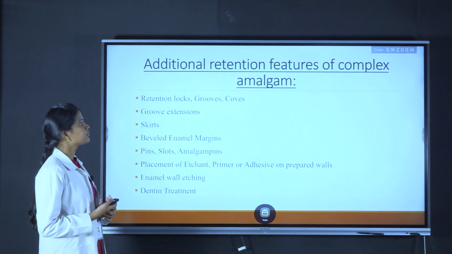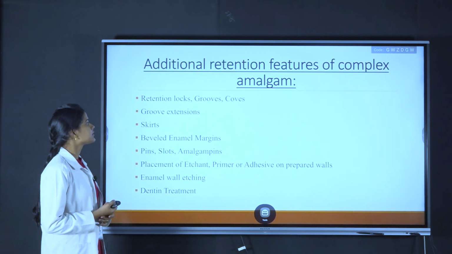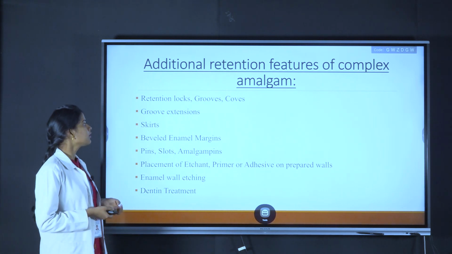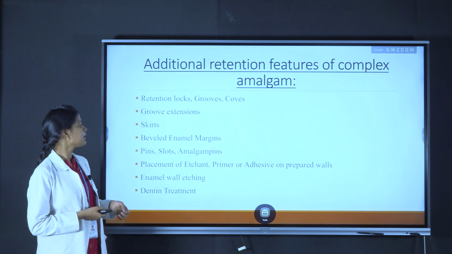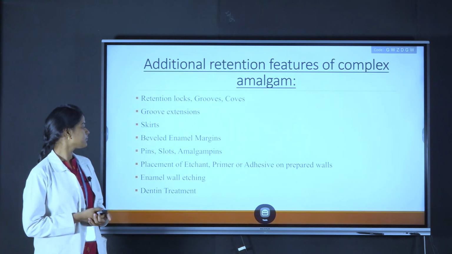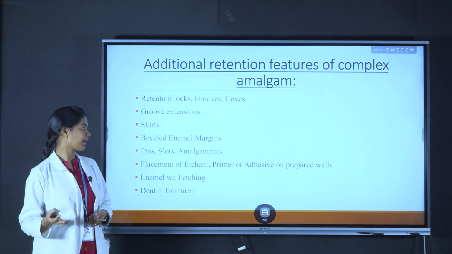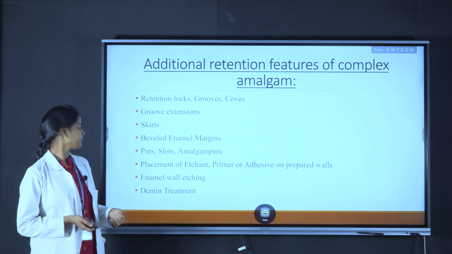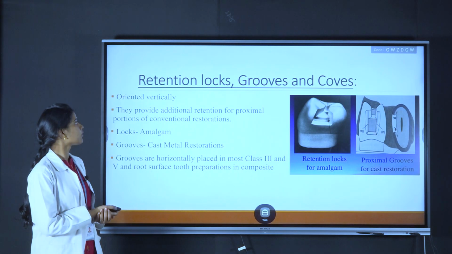So the additional retentive features of amalgam restorations are retention locks, grooves and coves, groove extensions, skirts, beveled enamel margins, pins, slots, amalgam pins, or placement of etchant primer or adhesive, or enamel wall etching can be done, or dentinal treatment can also be done.